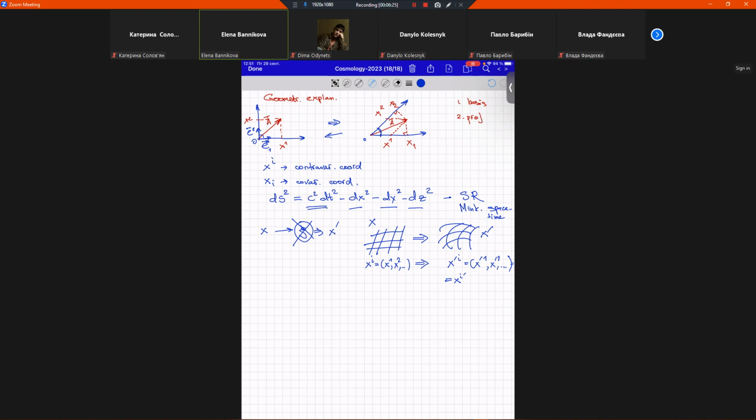In principle we need to put a prime on all coordinates, but let's agree that we can do it like this, xi prime. As soon as I write xi prime, it means that I consider the coordinates related to the prime reference system.